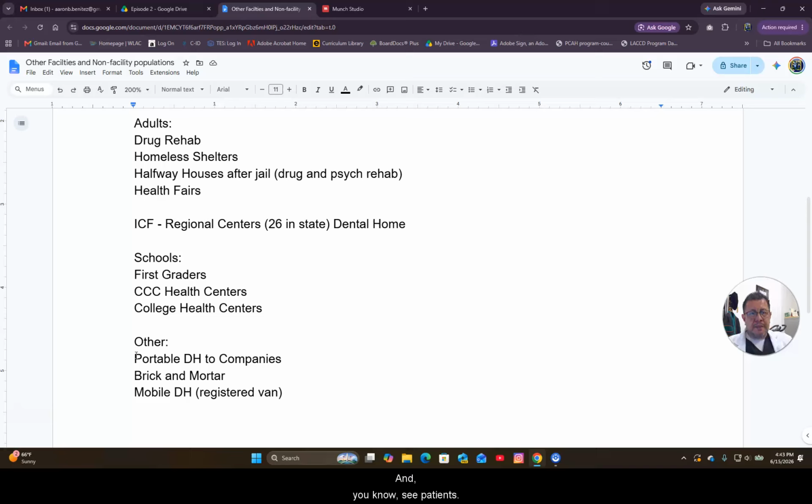And see patients. Now, I will mention to you that as an RDHAP, the essence of us seeing patients is for us to see the underserved population and medically compromised, right? Special populations. So this doesn't sound like, oh my God, they all have high blood pressure?